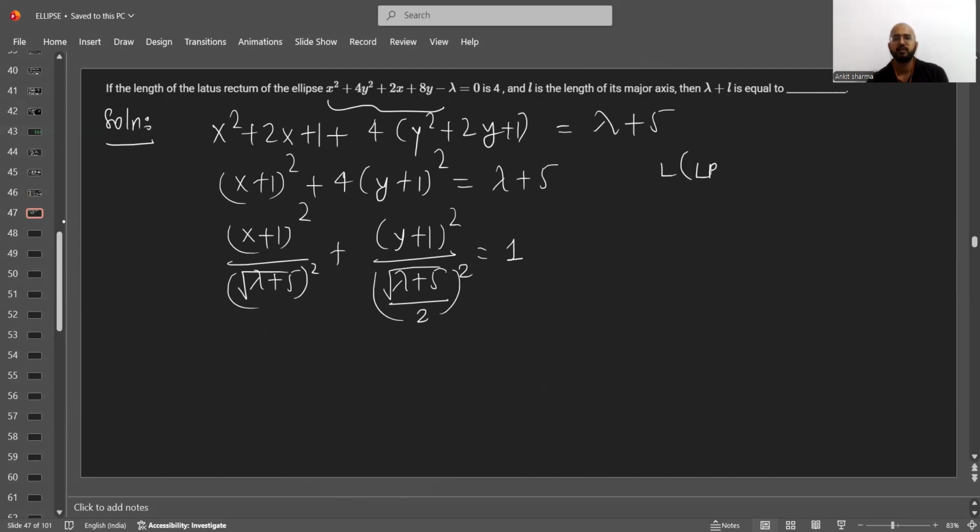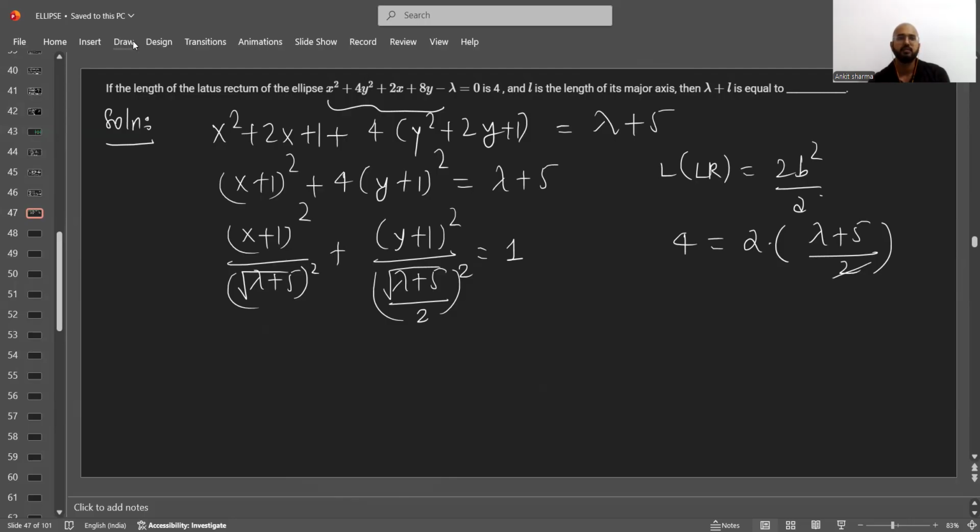So the length of latus rectum is going to be 2b square upon a. So 4 is equal to 2 times b square, which is simply lambda plus 5 over 4, and a is root of lambda plus 5. So no problem, this 2 gets cancelled.